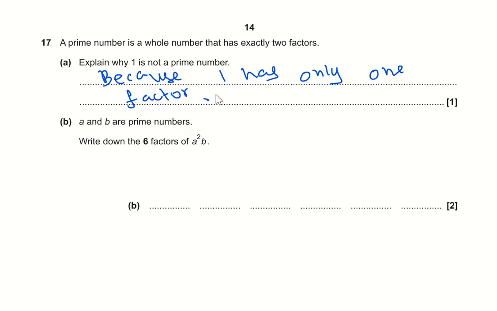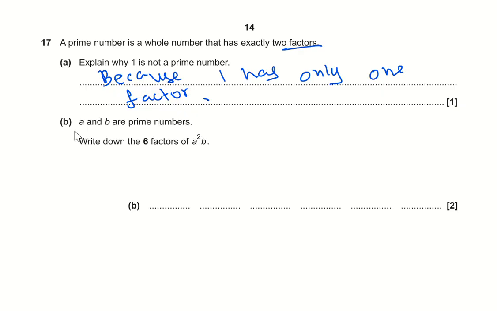For a number to be a prime number, it needs to have two factors, but 1 has only one factor. So that's why it's not a prime number. Okay.